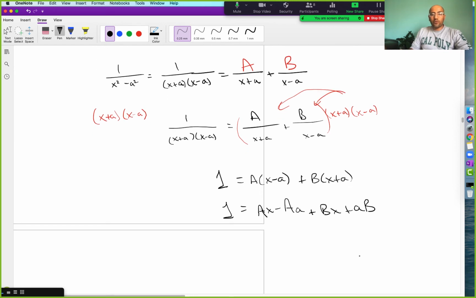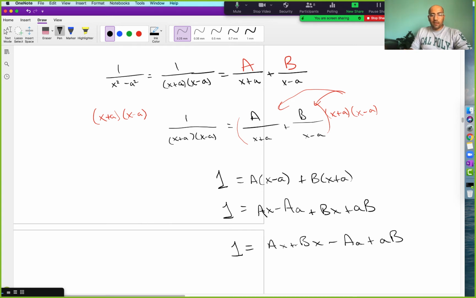Again, we're going to regroup them. When I regroup them, I'll have that 1 must be equal to capital A x plus capital B x, I'm just putting together all the terms that have an x, minus capital A lowercase a plus lowercase a capital B, like that.